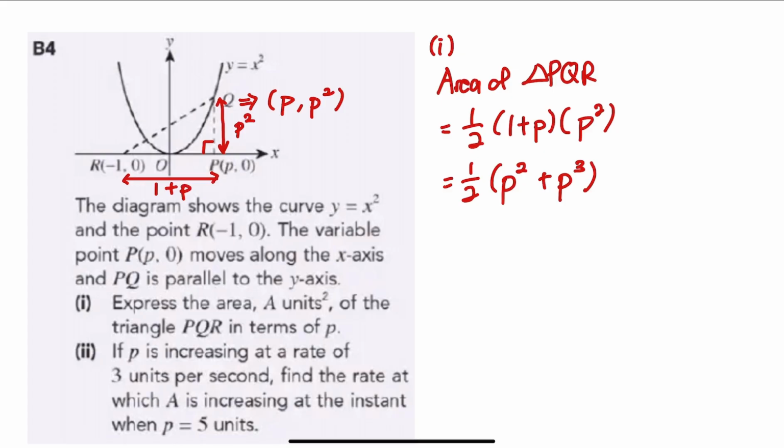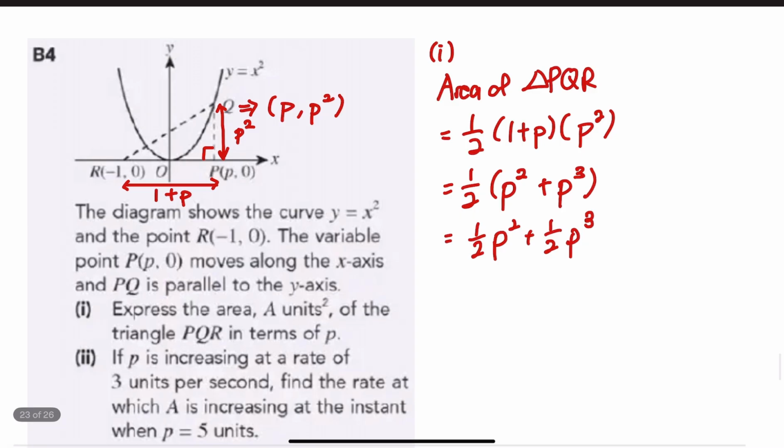Or you can also write this as half p squared plus half p cubed. Both are equivalent. So over here, this is area A. The question uses capital A to define this area.